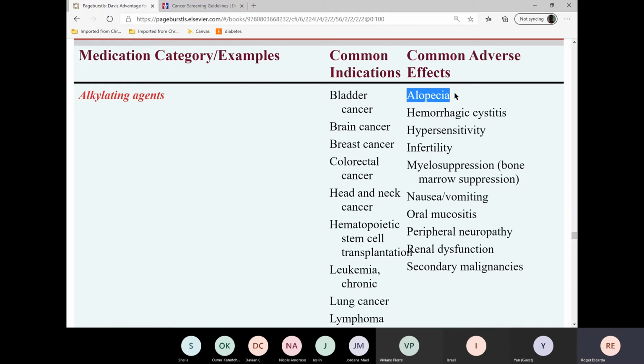Look for management of alopecia, hair loss. Are you taking notes? Yes, okay. Next is myelosuppression, that is bone marrow suppression. Now, I don't have to break this down. Myelosuppression means you have anemia, thrombocytopenia, and neutropenia.